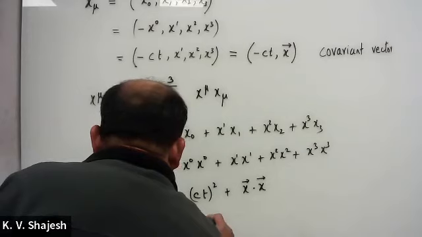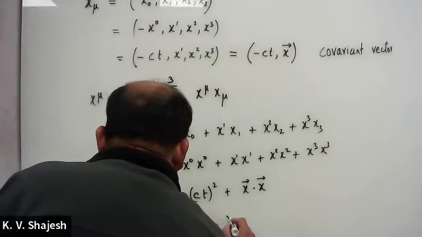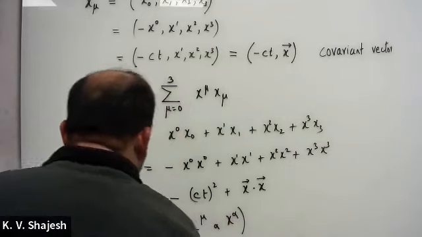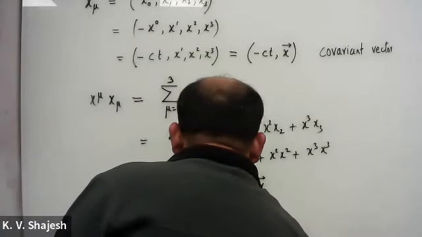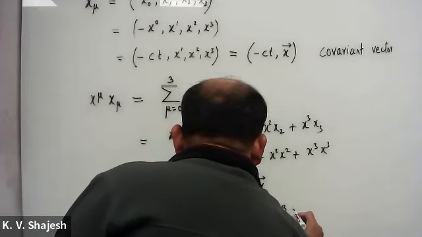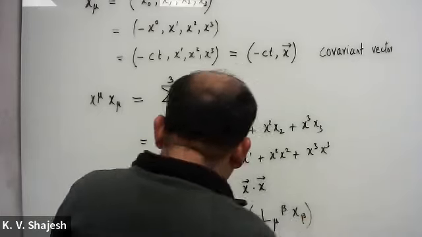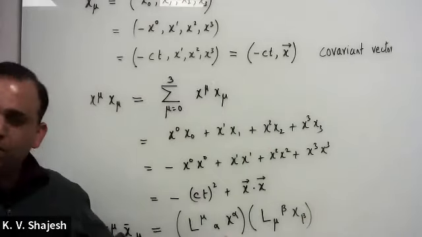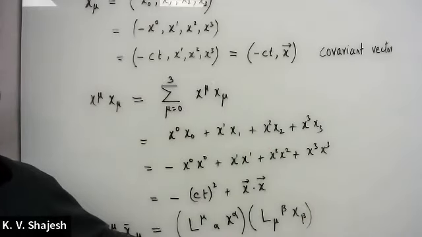So let's say L mu alpha times x alpha. That's what I'm trying to say. This is a symbolic way of writing the Lorentz transformation.